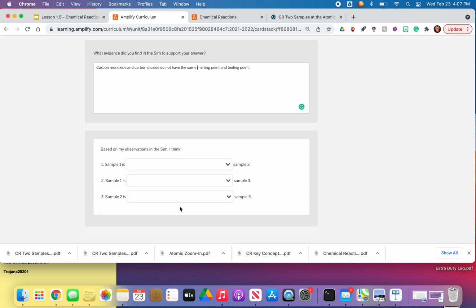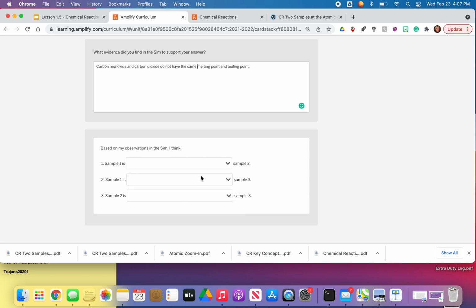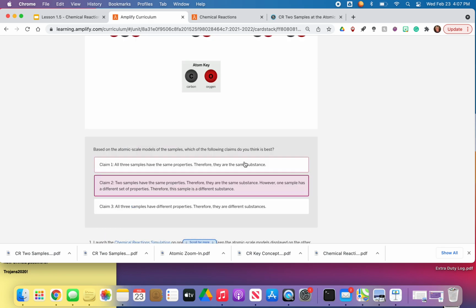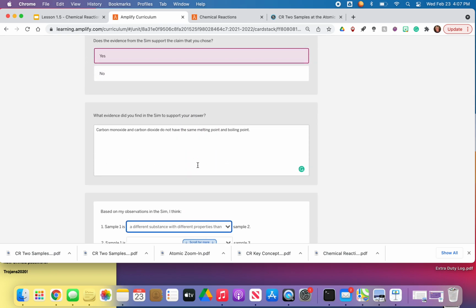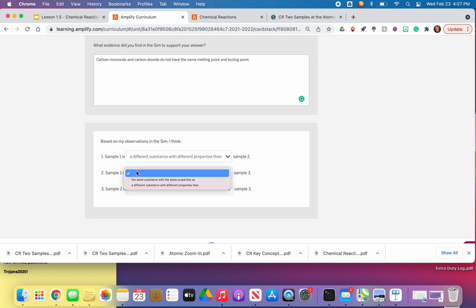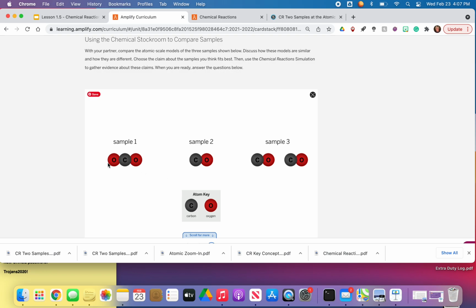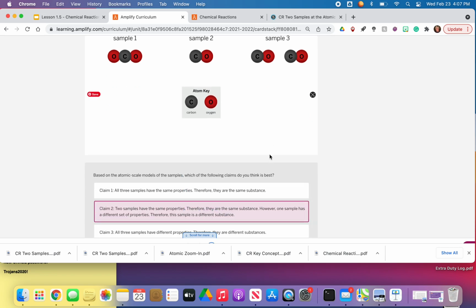Based on my observation in the sim, I think sample 1 is a different substance with different properties than sample 2. Okay, sample 1 is different than sample 2. I think that sample 1 is a different substance with different properties than sample 3. So there's sample 1 that's different than sample 3.